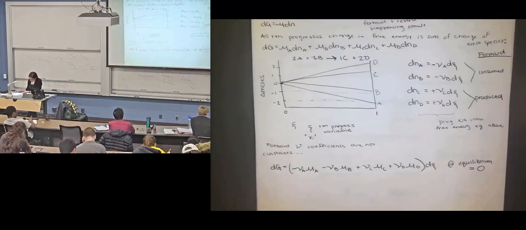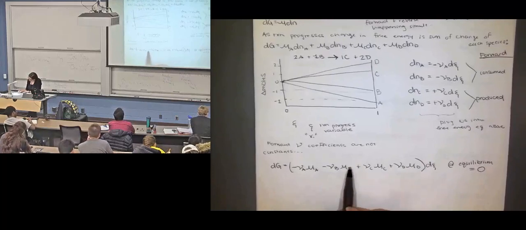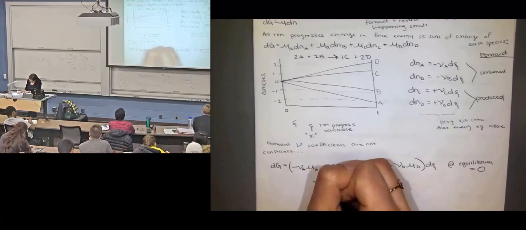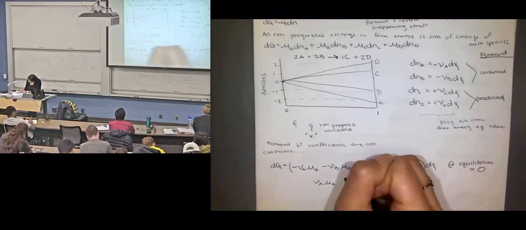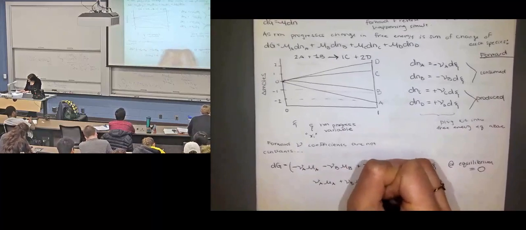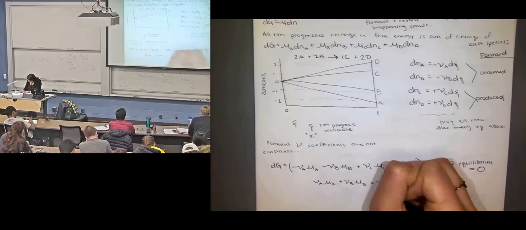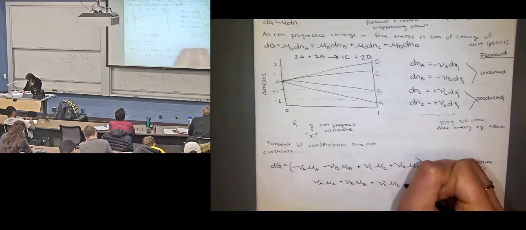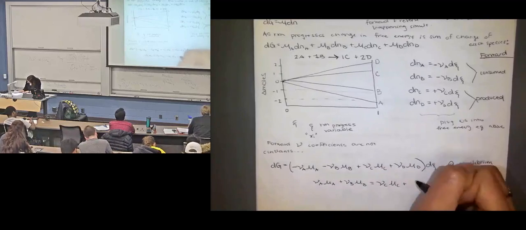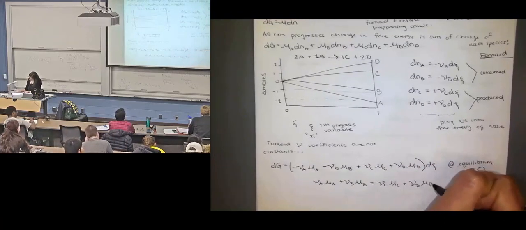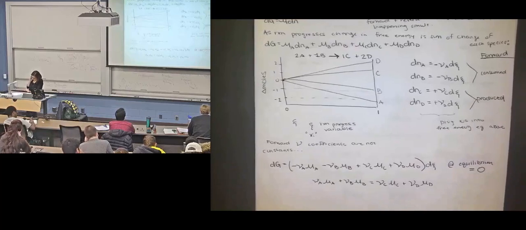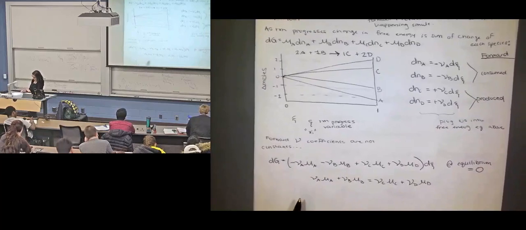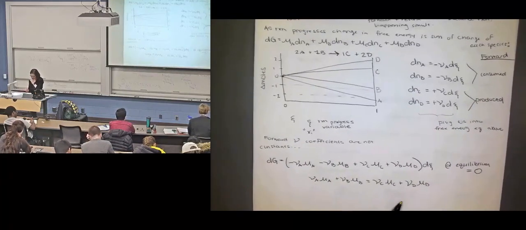So when I set this all equal to 0, I can move these terms to the other side, and what I have now is the stoichiometric coefficient of A times the chemical potential of A, plus the stoichiometric coefficient of B times the chemical potential of B, equal to the stoichiometric coefficient of C times the chemical potential of C, plus the coefficient of D times the chemical potential of D. The sums of the chemical potential times the stoichiometric coefficient will be balanced at equilibrium for the products and reactants.